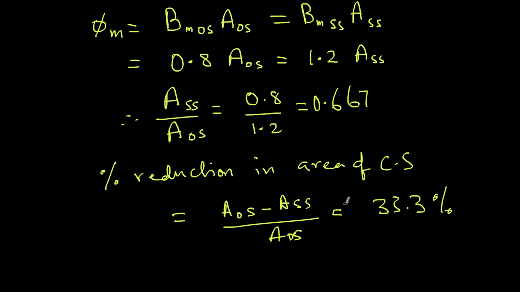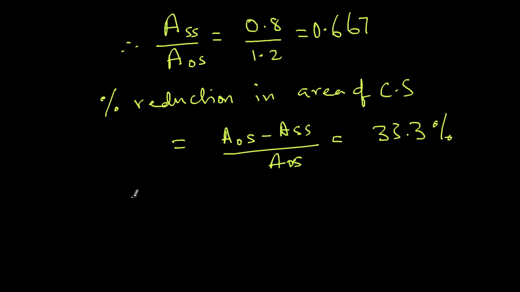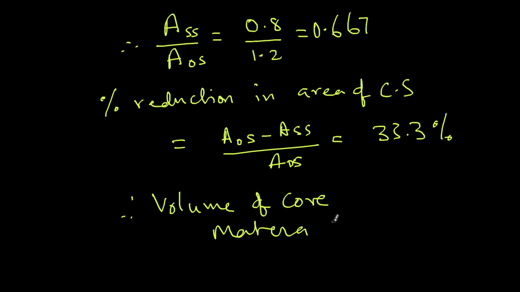So I can reduce the area of cross section by 33 point 3 percent. Therefore, assuming that the length will be the same, the volume of core material will reduce by 33.33%. So that is the benefit.